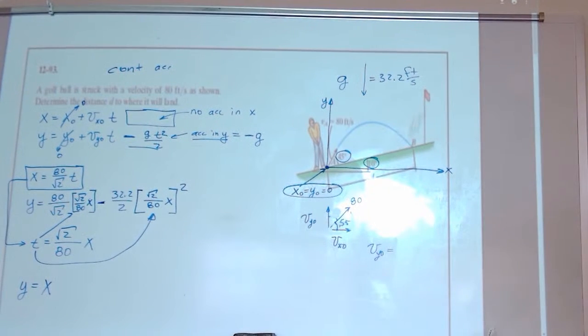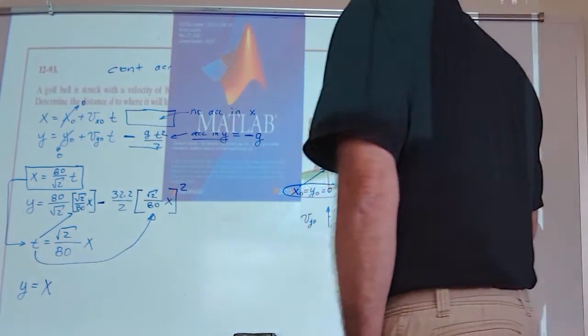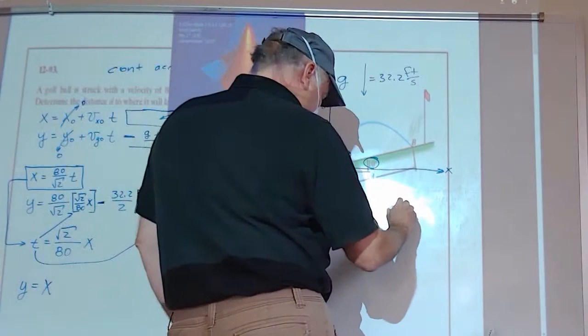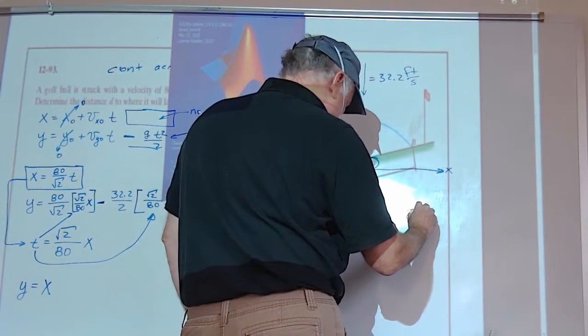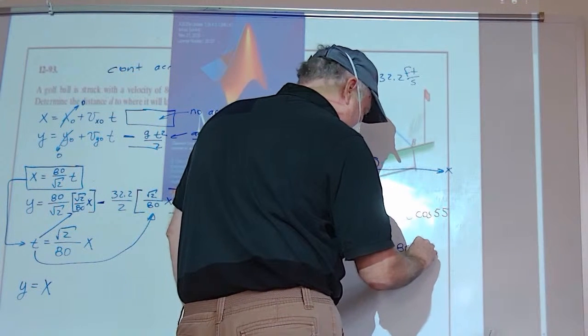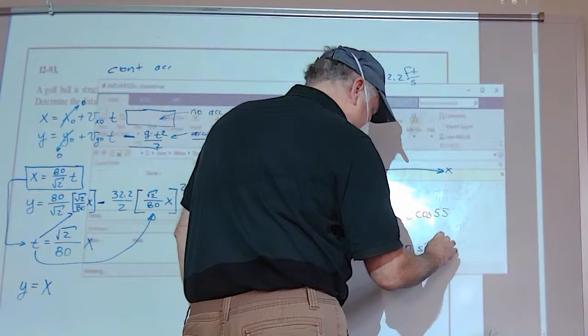It'll take a minute. So this means v x naught is still 80, but this time it's cosine 55, and this is 80 sine of 55. Let me get MATLAB out of the way.